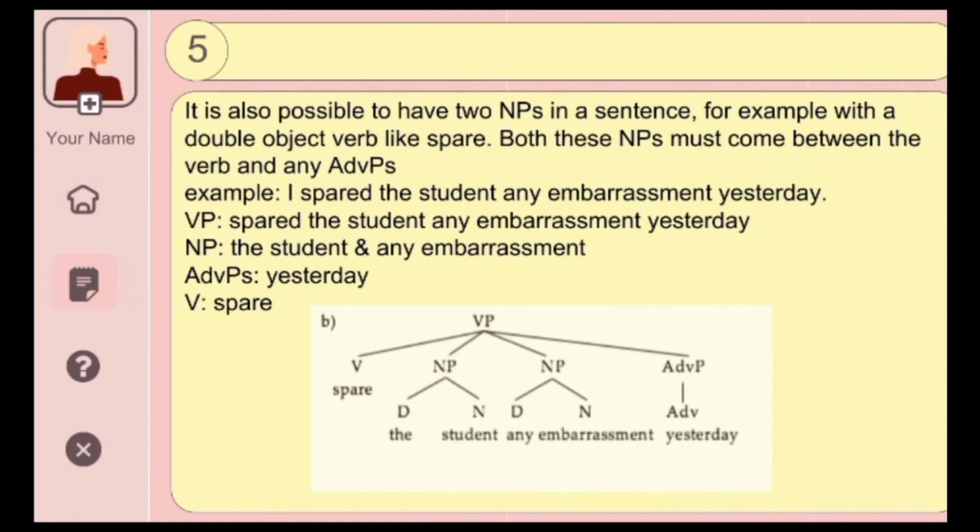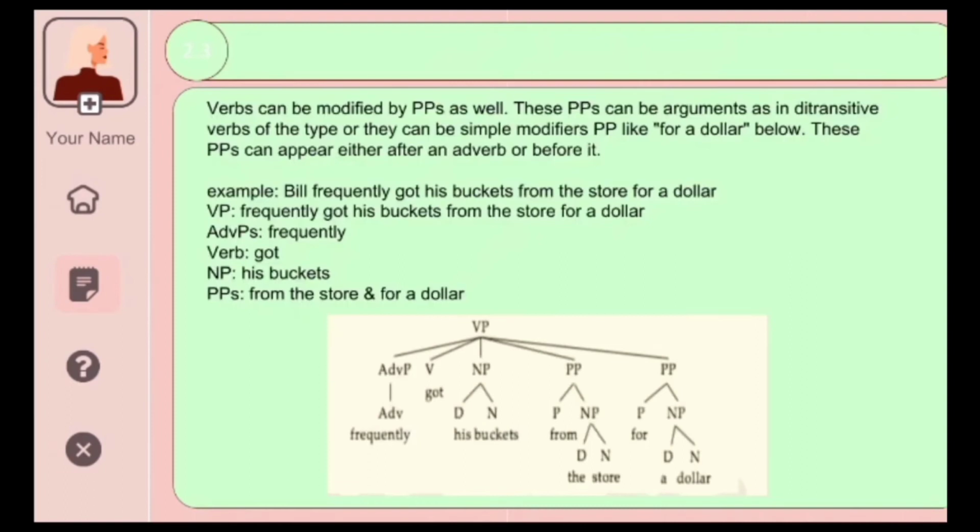Determiner is the word "the," noun is the word "student." The second noun phrase consists of a determiner and a noun, of course. The determiner is "any," noun is "embarrassment." And our adverb phrase, which is an adverb, is "yesterday." And always remember, you are allowed to have a maximum of only two argument noun phrases.